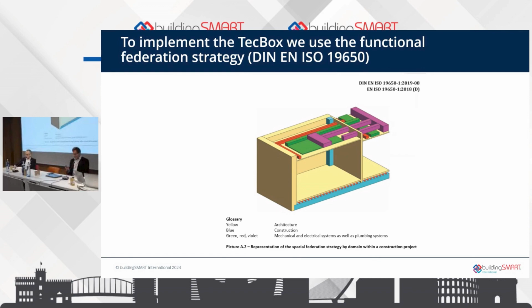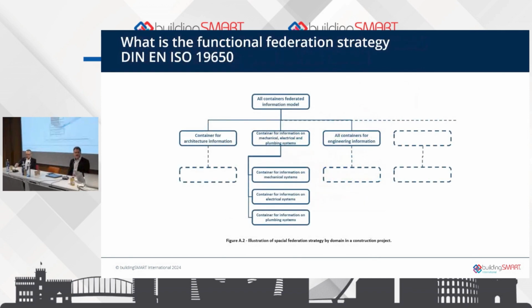The term information container is very important for that, because if you go into detail on what the ISO 19650 says, you have information containers for architecture information, for MEP or engineering, and within MEP, as you can see, you can also divide that into mechanical, electrical, and plumbing.